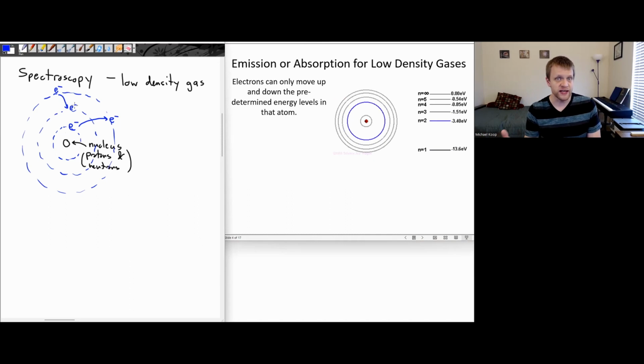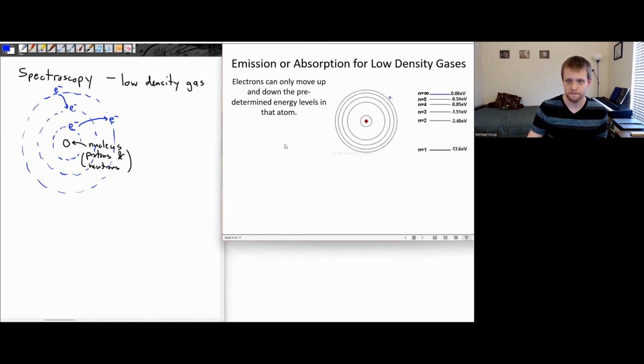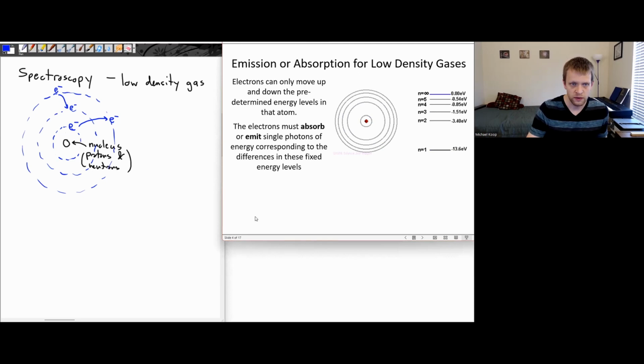And it's going to do this by either absorbing or emitting a single photon of light with just the right amount of energy. So let me write that down. If an electron wants to change levels, it has to either absorb or emit one photon with just the right amount of energy.